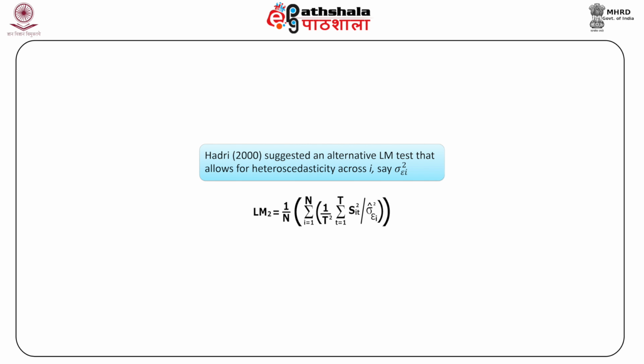Hadri in 2000 suggested an alternative LM test that allows for heteroscedasticity across i, say σ_εi². LM2 = (1/n) Σ_{i=1}^{n} [(1/T²) Σ_{t=1}^{T} S_it² / σ̂_εi²].